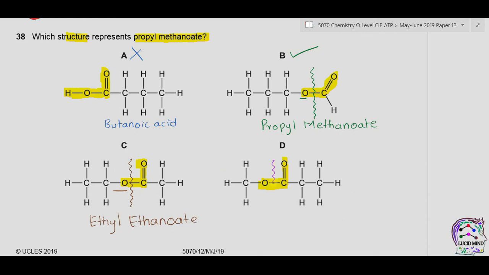Similarly in D we can break this at the carbon oxygen bond, and the first portion is the alcohol, so we have a 1 carbon alcohol, which will be methyl, and a 3 carbon carboxylic acid is propanoic acid, so it will form propanoate. So propyl methanoate is only B.